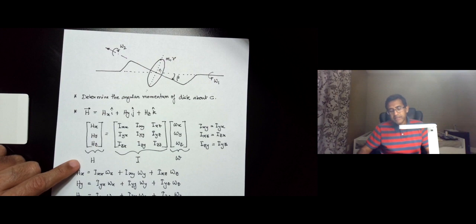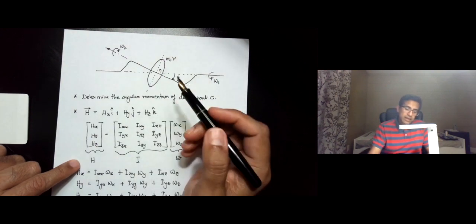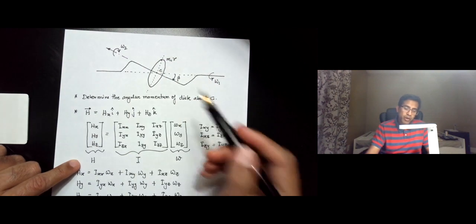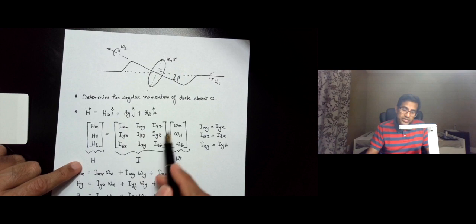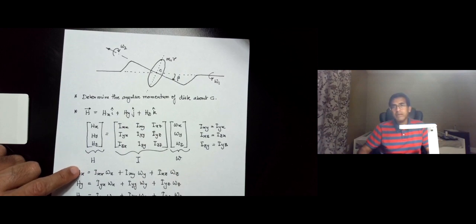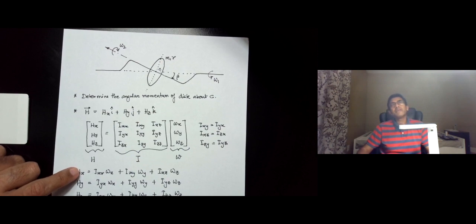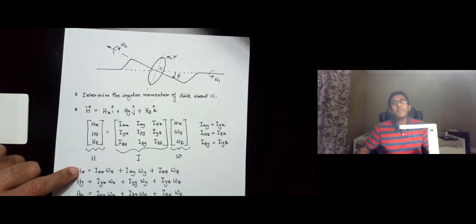And another thing that happens is that if this is an arbitrary point, as the rigid body rotates, all of these moment of inertia entries in the matrix can change over time. So that causes some complications when you go to find the rate of change of angular momentum.